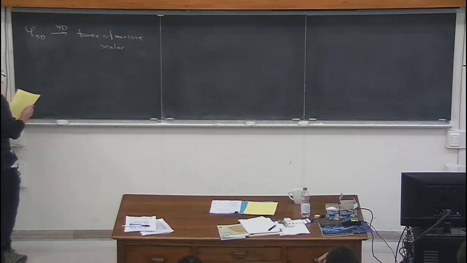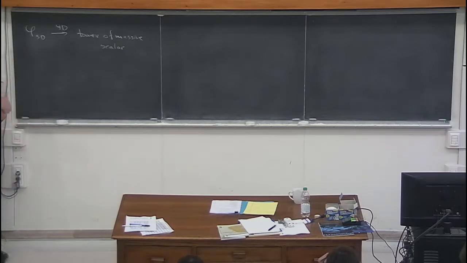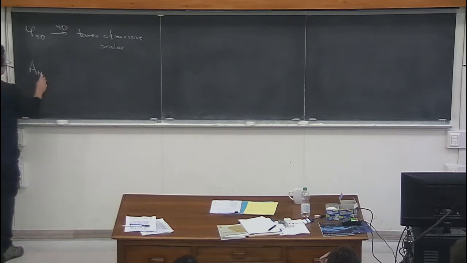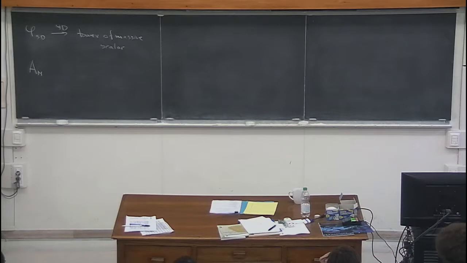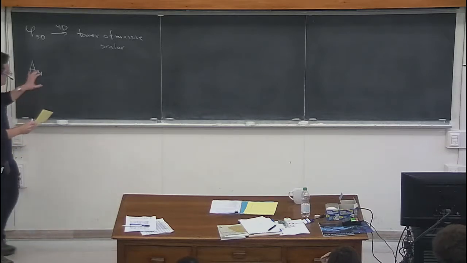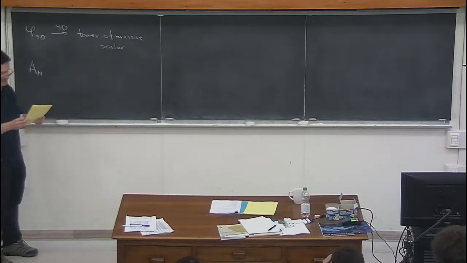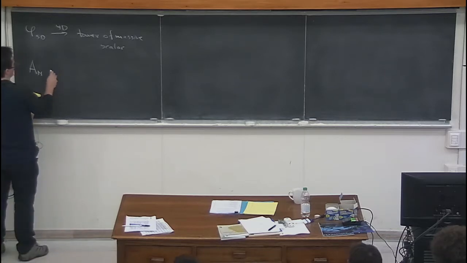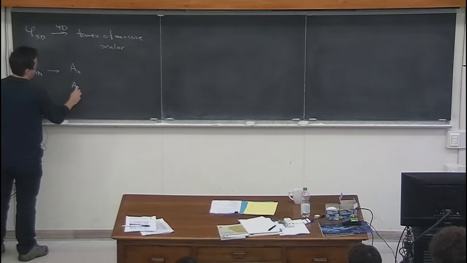Okay, so the next story is to do the same for gauge fields. Now you start out for a KK decomposition with a gauge field, and here there will be a little bit of a complication. Namely, what you naively expect is that there is an A mu and an A5.